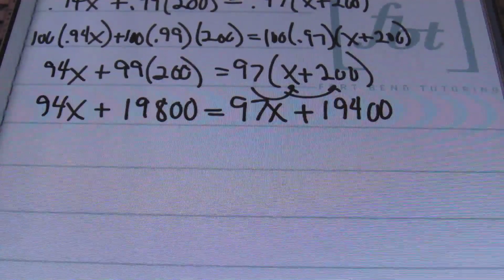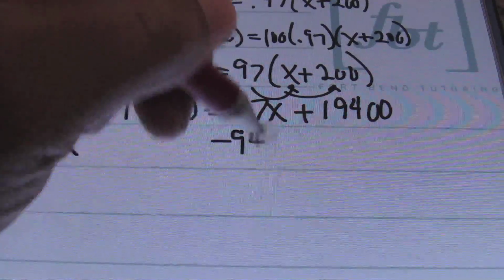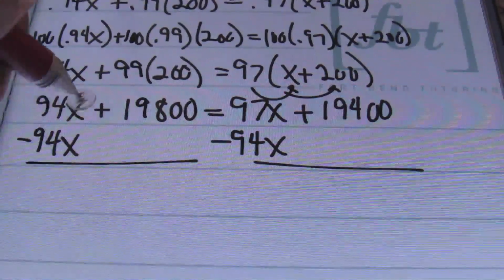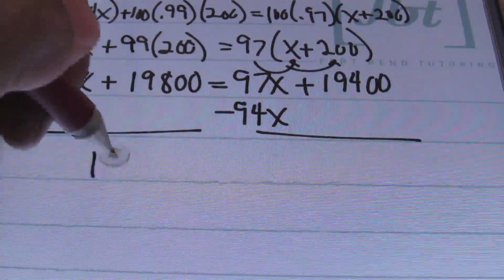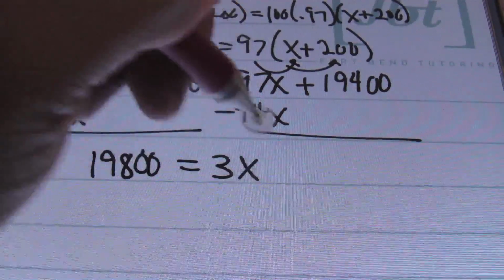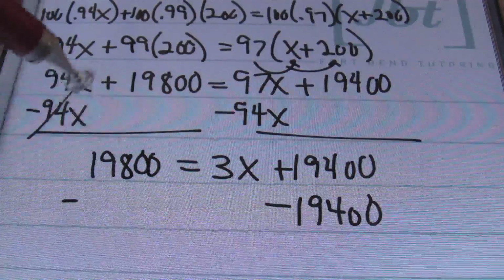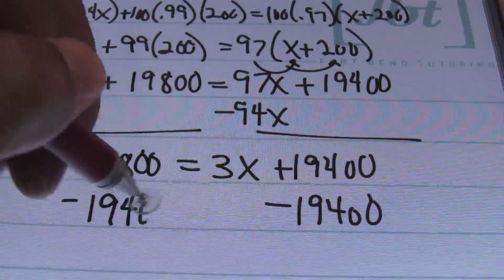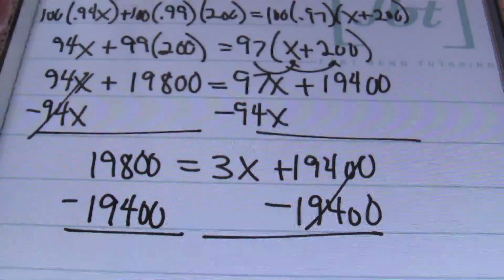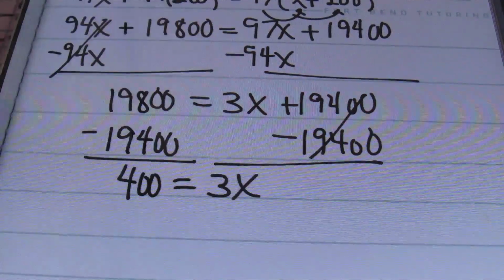From here, ladies and gentlemen, I'll be subtracting 94X from both sides. I'll be bringing down this 19,800, which equals 3X plus 19,400. Subtracting 19,400 from both sides, I end up with 400 equaling 3X.